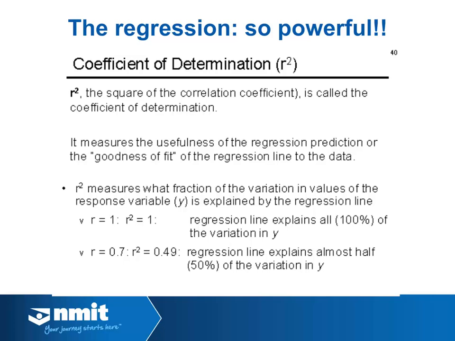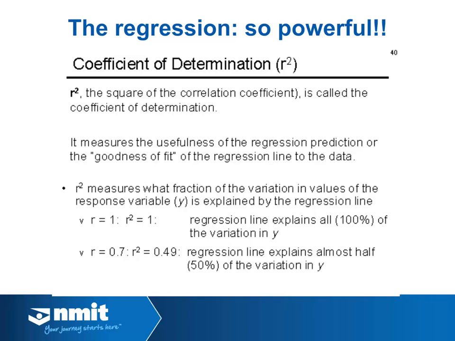And the definition of the R squared, what the R squared gives us, is the amount of variation in Y predicted by X. So if we have an R squared of 0.49, that means about 50% of the variation we see in Y is explained by X. The other 50% of the variation in the Y variable has to be explained by other confounding variables.